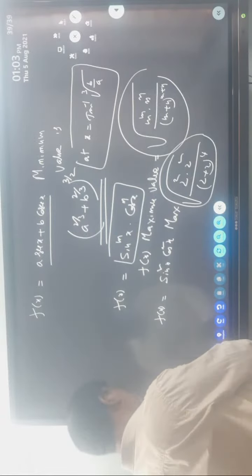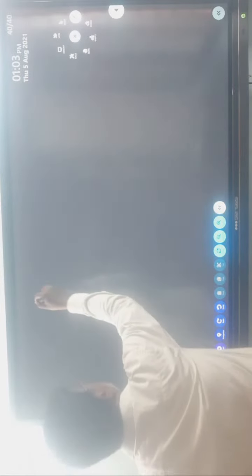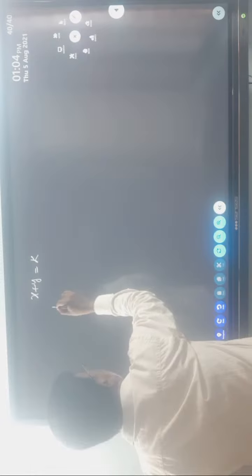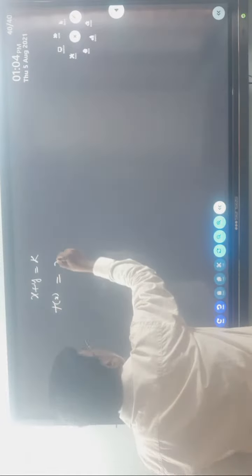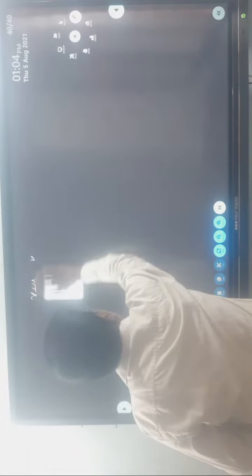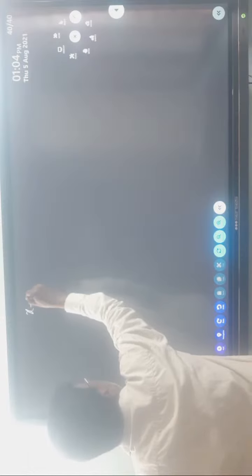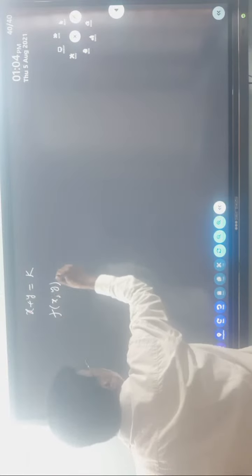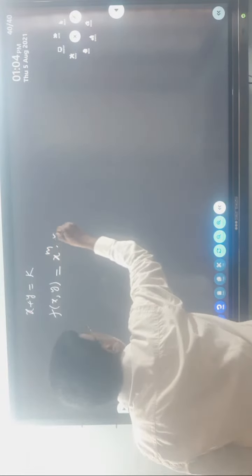Now let me explain. Suppose it is given like this: x plus y equals k, and f of xy equals x power m into y power n.